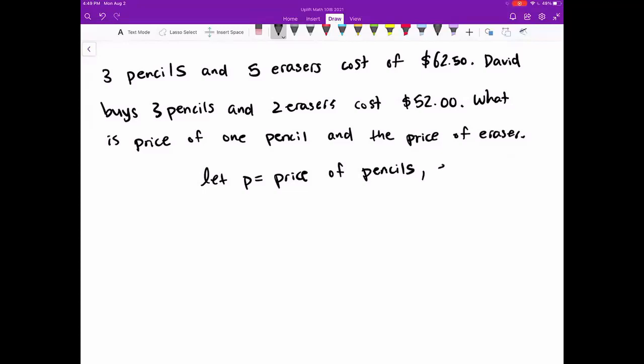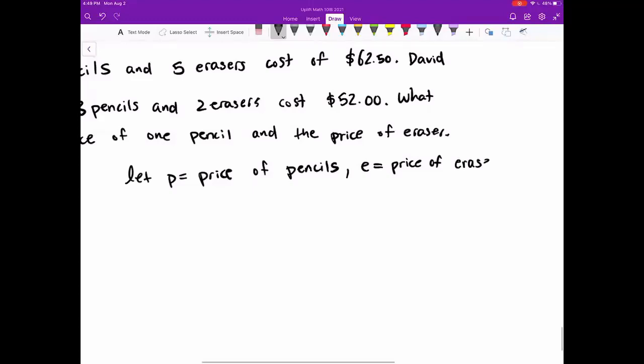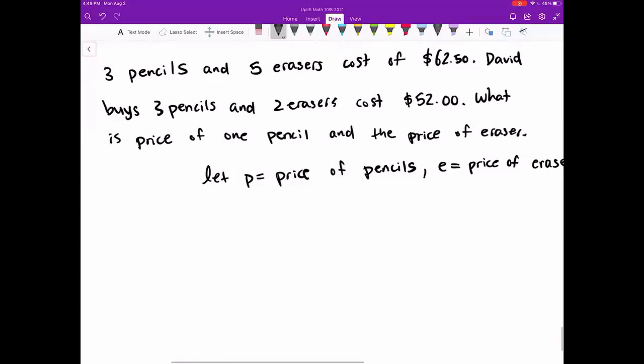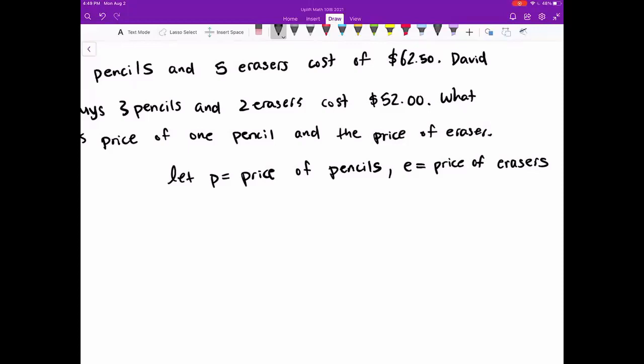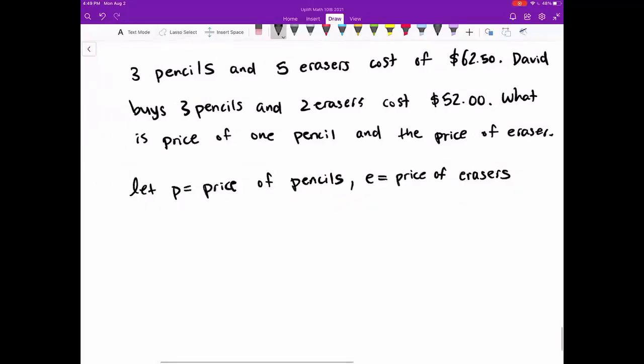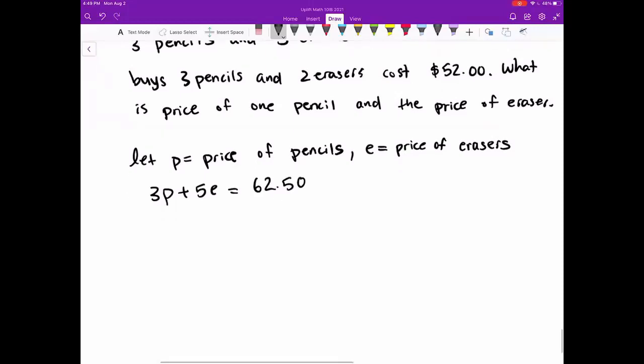And then let e is equal to the price of an eraser. Then we can just literally copy line by line the word problem. So we have 3p plus 5e is equal to 62.5, and the second equation would be 3p plus 2e is equal to 52.